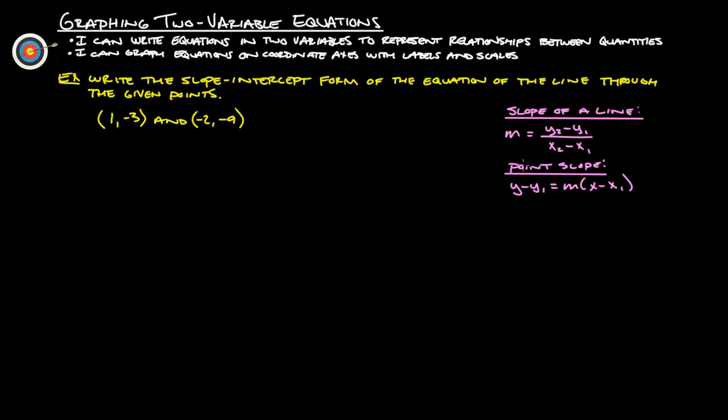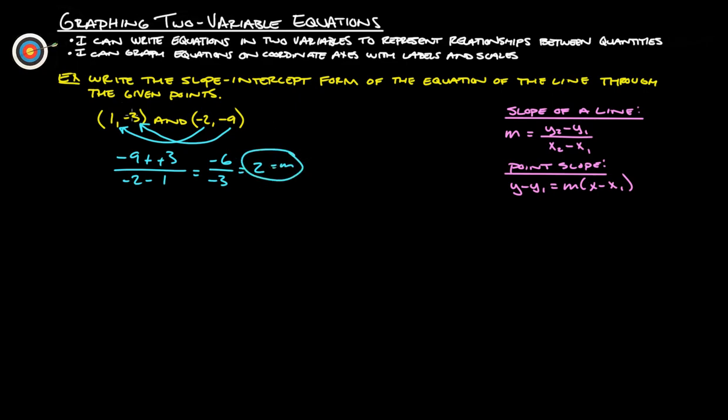Okay, so officially it's y2 minus y1, so I do -9 minus -3 over -2 minus 1. That turns into -9 plus 3, it's -6, over -2 minus 1, which is -3. So that gives us a slope of 2. So that's our m, right?